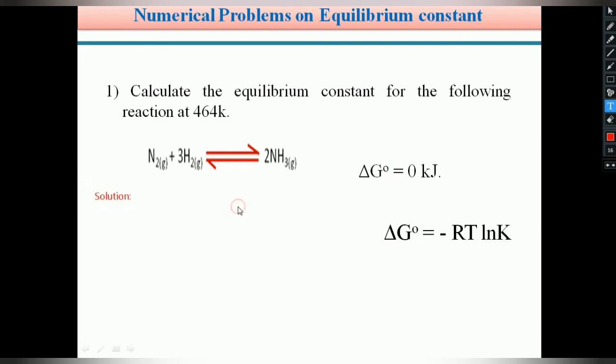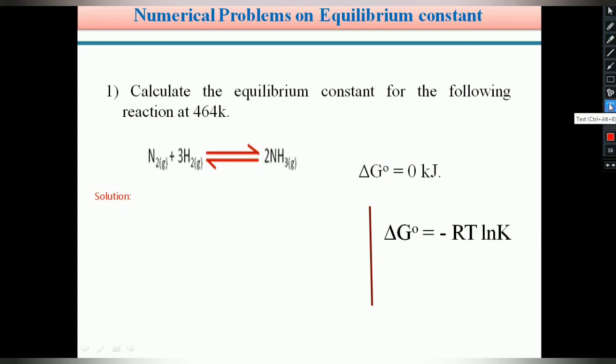Students, we know a relation, and we already know this relation: delta G naught is equal to minus RT ln K. With the help of this relation, we can easily calculate the equilibrium constant.